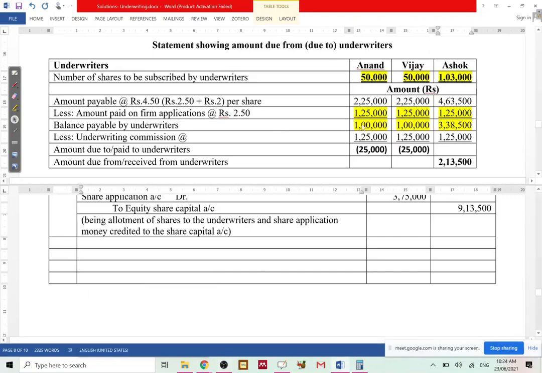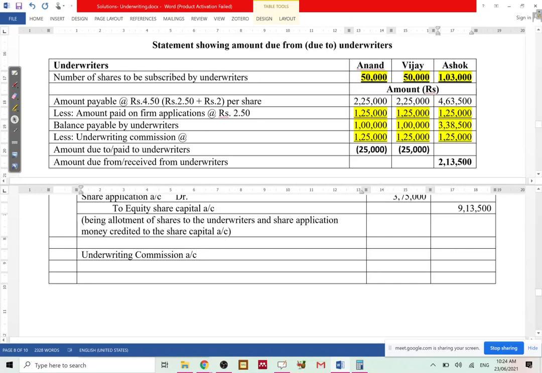The next transaction is underwriting commission. Just go by the order of this statement and you will see one transaction after another. So underwriting commission is something the company pays to the underwriters, right? Which means it is debit. It is an expense and it will be debited. It is going out, right? The company is paying it.